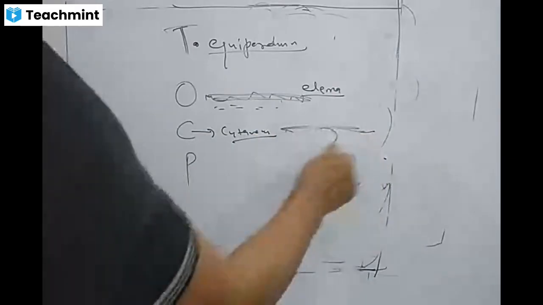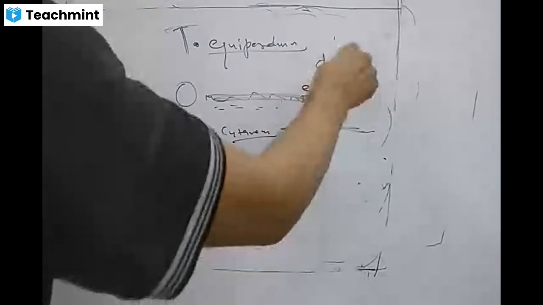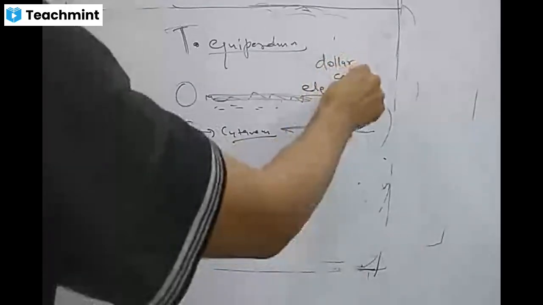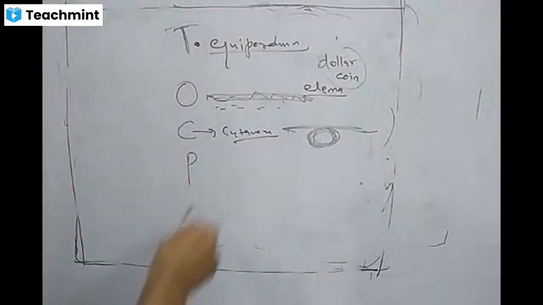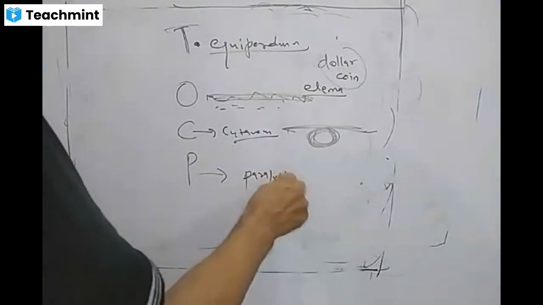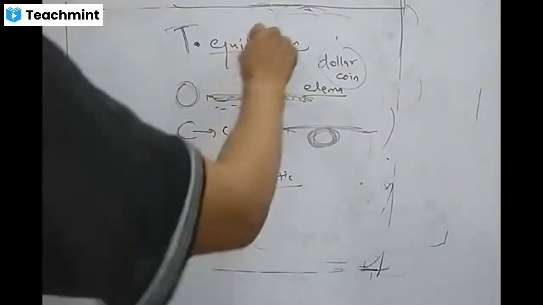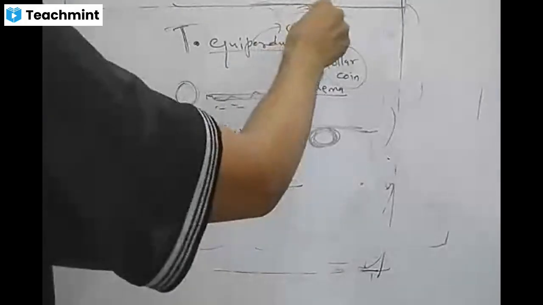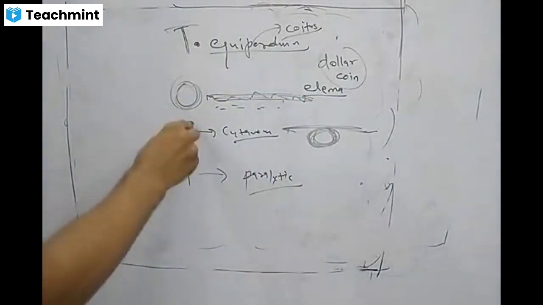Below the skin, these are your dollar coin like skin lesions. And the third stage is your paralytic stage. So OCP. This will spread by coitus. So to prevent the coitus associated birth, we give oral contraceptives like that.